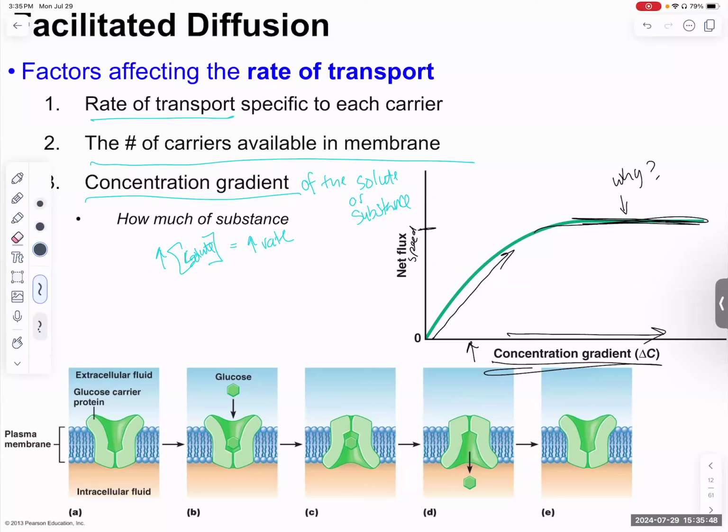Well, that's when you hit full saturation of the number of carriers available. So concentration gradients only work until you hit the maximum number of carriers being used, and it cannot go faster than that.